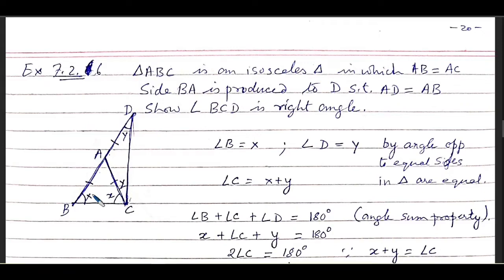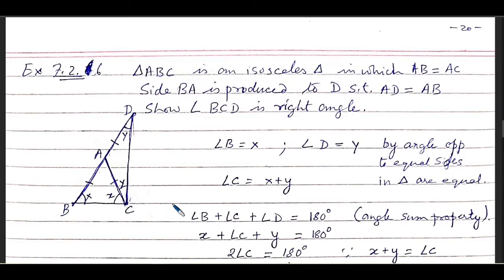So it's 2x plus 2y. So I can say it is twice of x plus y. x plus y is what? x plus y is angle C. So twice of angle C equal to 180 degrees. So angle C has to be 90 degrees. Divide 180 by 2. So angle C is 90.